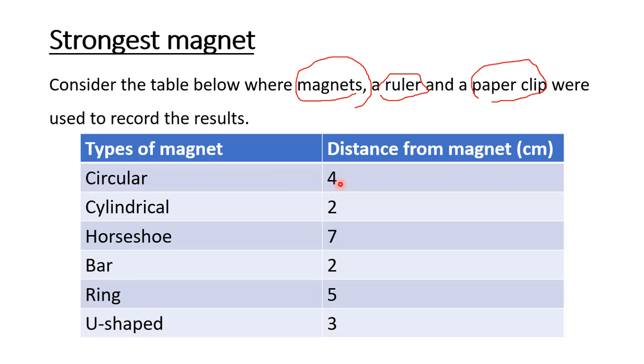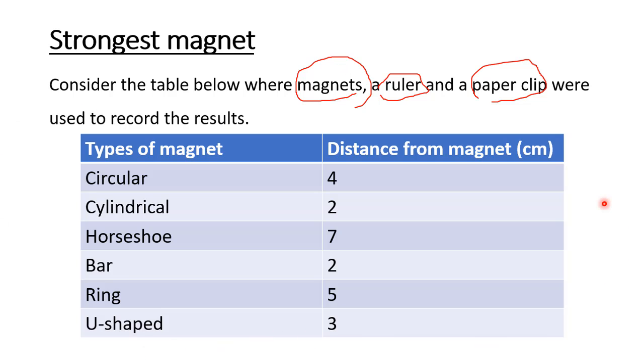Meaning at a distance of 5, the paper clip will not get attracted to the circular magnet, but at 4 it will. The same applies to all the magnets: horseshoe 7, bar 2, ring 5, U-shaped 3.